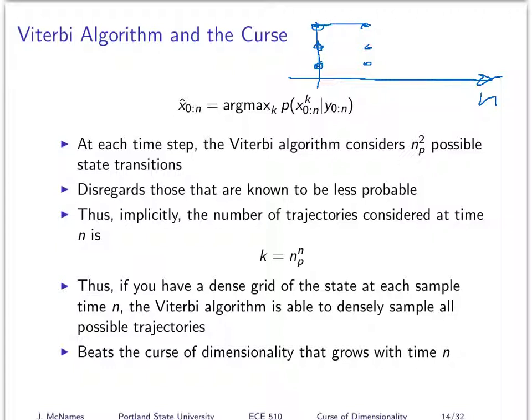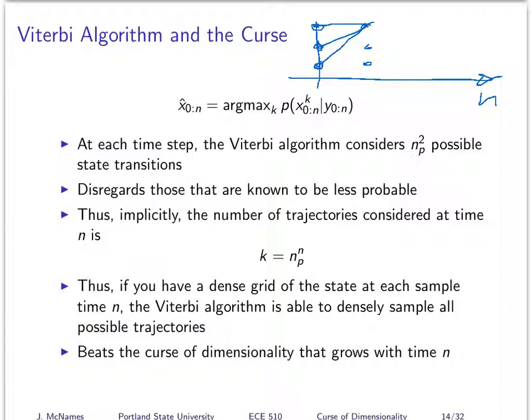Each state looks at what's the most probable parent for this candidate state, parent trajectory. So this could go back further in time. And this one considers all of them, and this one considers all of them, and this one considers all of them. And we end up with the computation required at each time step is now equal to the square of the number of particles, where it was linear for traditional particle filters.